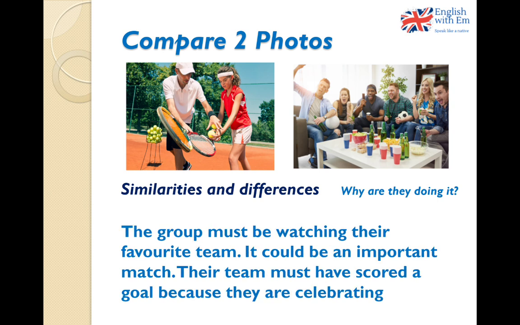The group must be watching their favourite team. It could be an important match. Their team must have scored a goal because they're celebrating. So here, why are they doing it? And another modal of deduction in the present tense, they must be. So we use this when we are very sure that something is true.